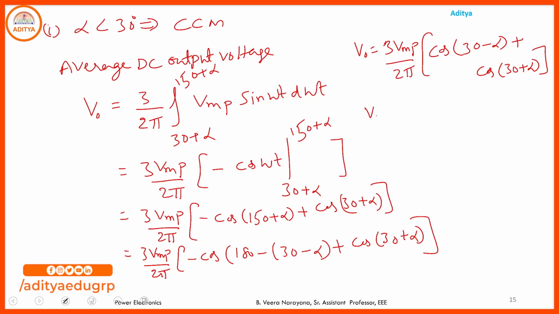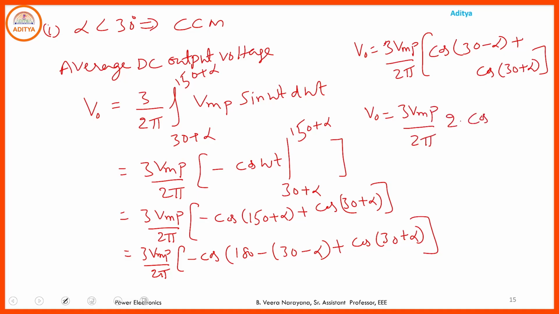So finally V naught is equal to 3 Vmp by 2 pi, 2 cos a cos b, cos 30 cos alpha. What is cos 30? Cos 30 is root 3 by 2. So substitute that value, 3 root 3, the 2 gets cancelled.